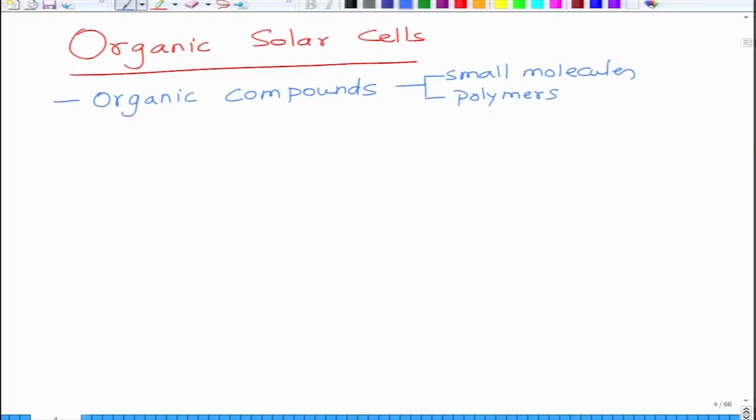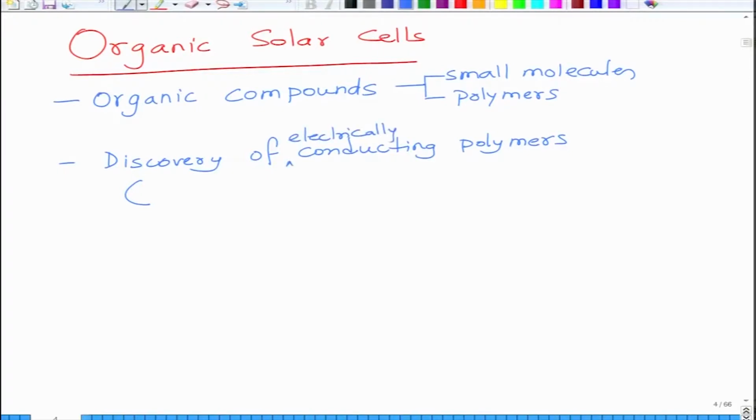Basically their composition consists of carbon, hydrogen, nitrogen, sulfur, etc. These materials became popular after the discovery of electrically conductive polymers. So, you can say electrically, not thermally, but electrically.